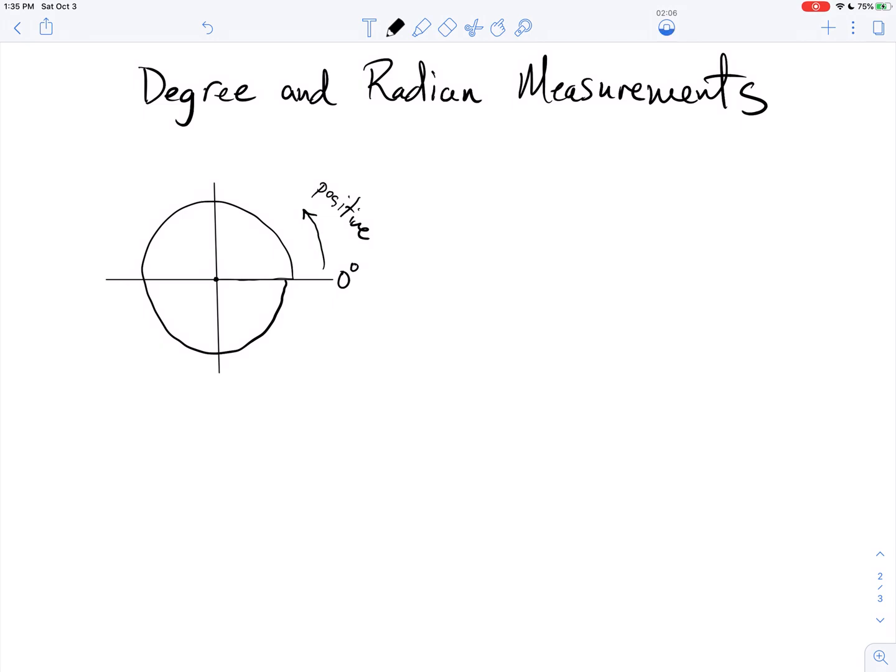So all the way up at the top here, that would be a 90-degree angle, because when we make our measurements, we always start right here on the positive side of the x-axis when we are writing degree measurements. So we get a 90-degree angle there.